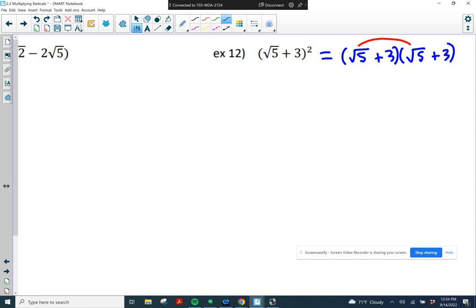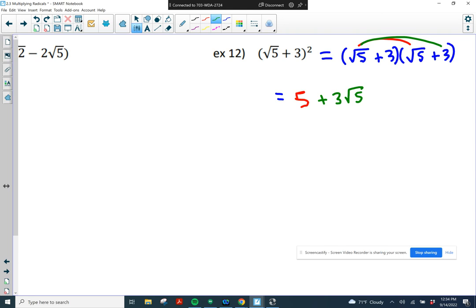Square root 5 times square root 5 is, yep, you guessed it, it's 5. Maybe I'll do that in red. Square root 5 times square root 5 is 5. Let me do the next one in green. Square root 5 times 3 is 3 square root 5.